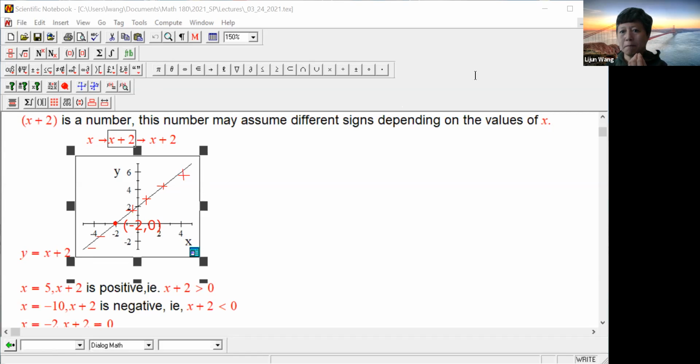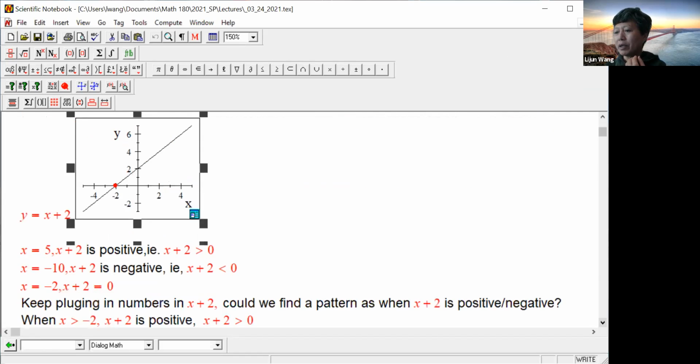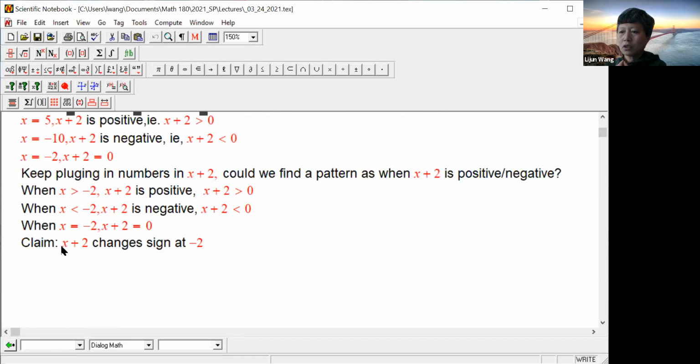Does everybody follow me? Now, so we understand that. Let's see how we express it. So x plus 2 changes sign at -2. How do we express it? We can express this in multiple different ways. One of the ways is just to use a number line.